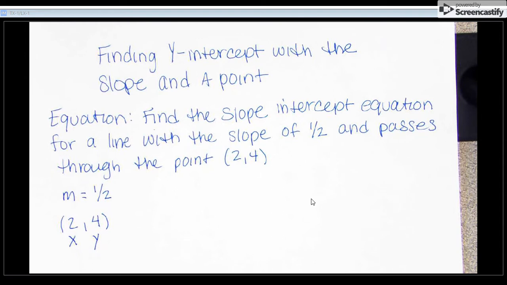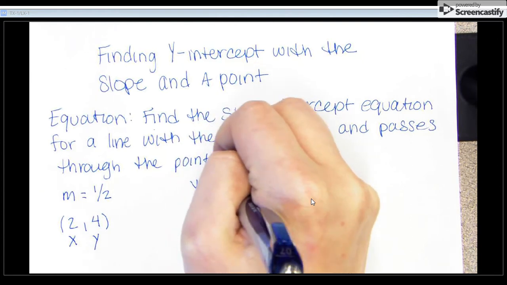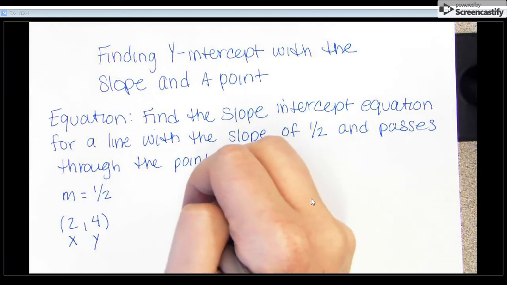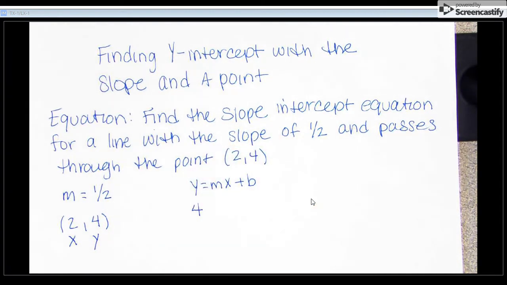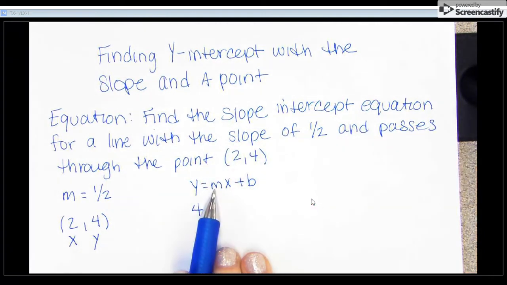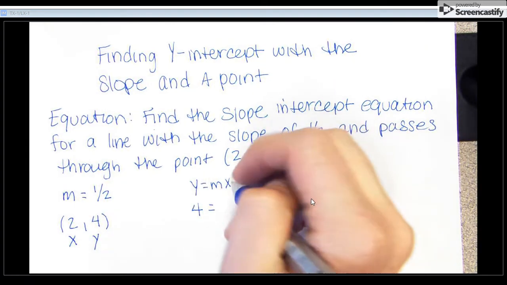Now that I have this information, I'm going to plug it into the equation y equals mx plus b. I am going to take my 4, which I said was y, and replace y with 4. Now I'm going to take my m and replace it with my slope, which is 1/2.